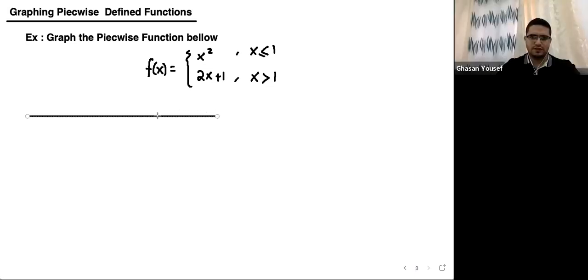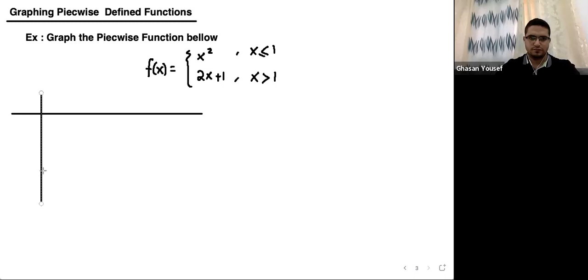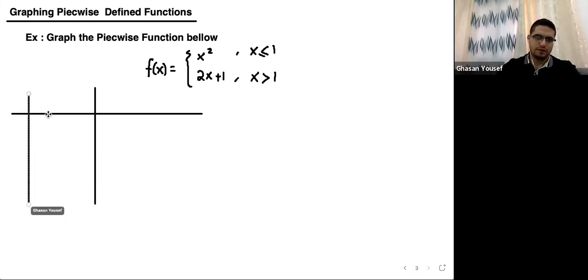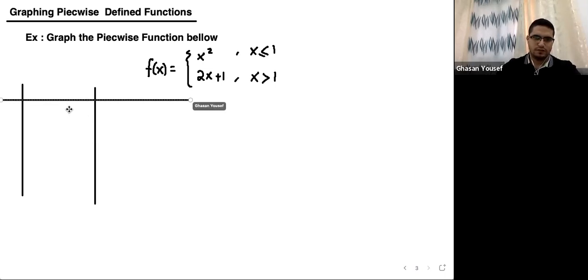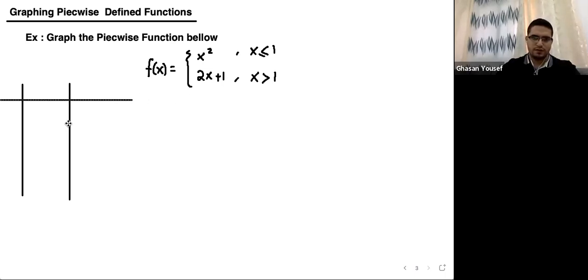So here is x. Here's f of x. And here's the point.